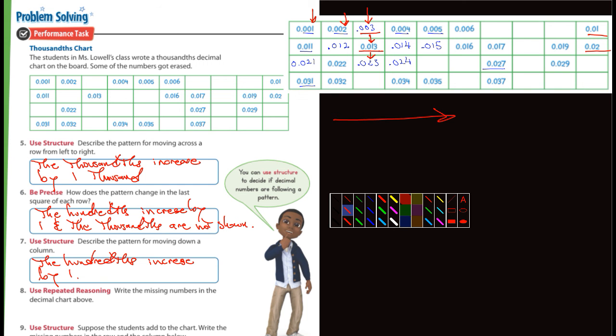Okay, remember, I'm just going to put point x, x, x. This is the tenths place. Okay, this is the hundredths place. And the last one is the thousandths place. Okay. I think we're done.